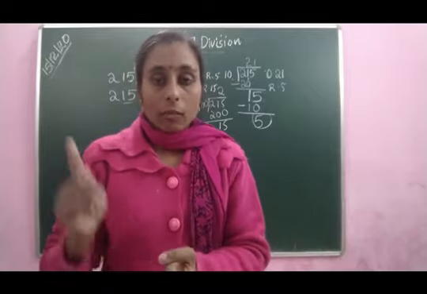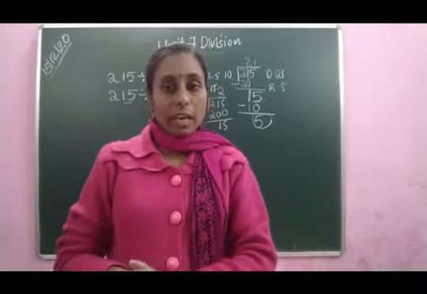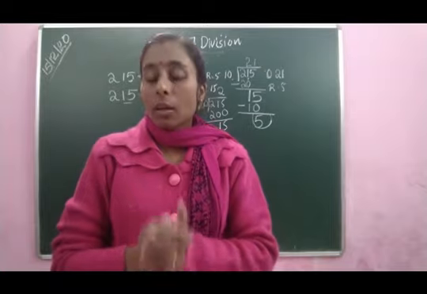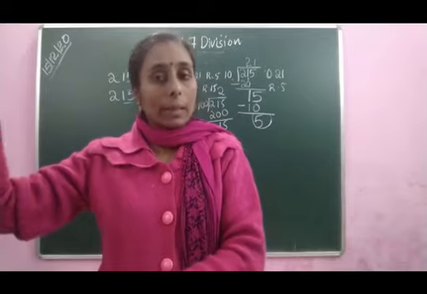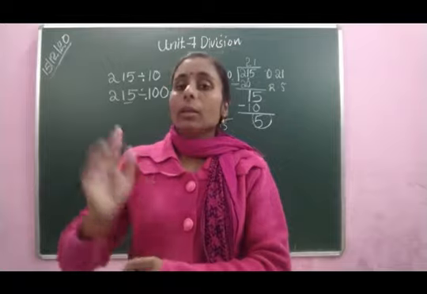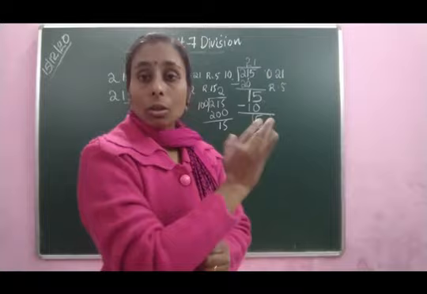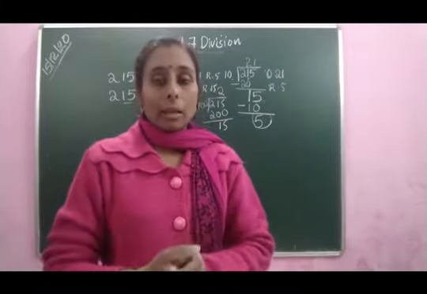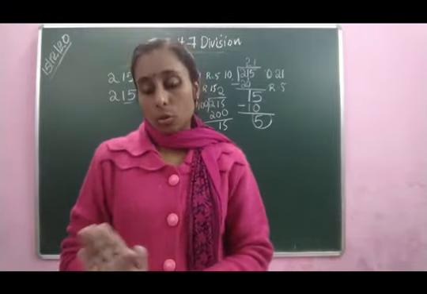Subtraction by 100, 1 is deducted from the hundreds place. Now dividing by 10 and 100. When we divide a number by 10, the last digit will remain as the remainder, and the rest of the number changes into the quotient. Dividing by 100, the last 2 digits will remain as the remainder and the rest of the number will change into the quotient.